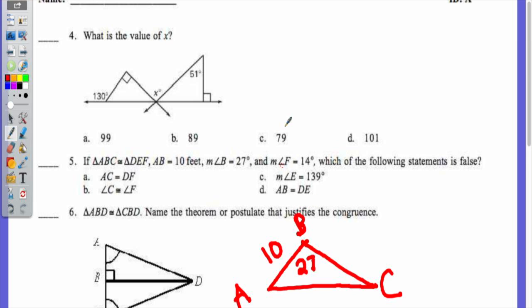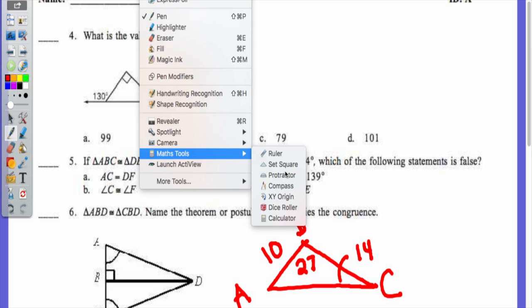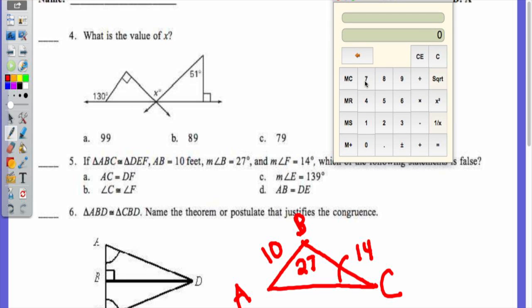Now, they tell me the measure of F. They don't tell me C and they don't tell me A. But if these are congruent, then C is congruent to F, correct? So C would be 14. So I can then use triangle sum, and I'll find the measure of A. So 180 minus 27 minus 14 is 139.